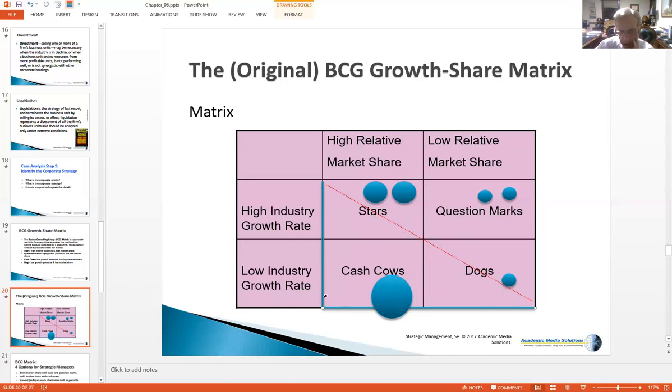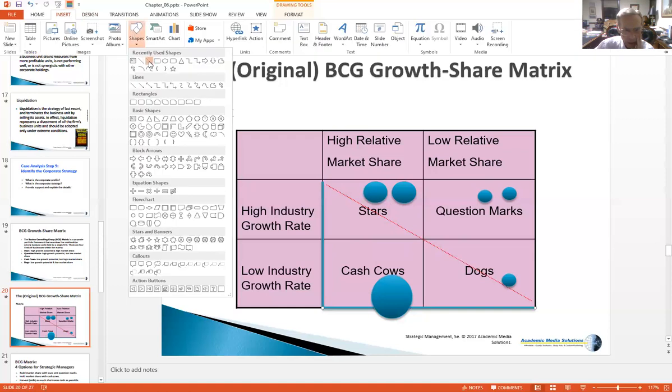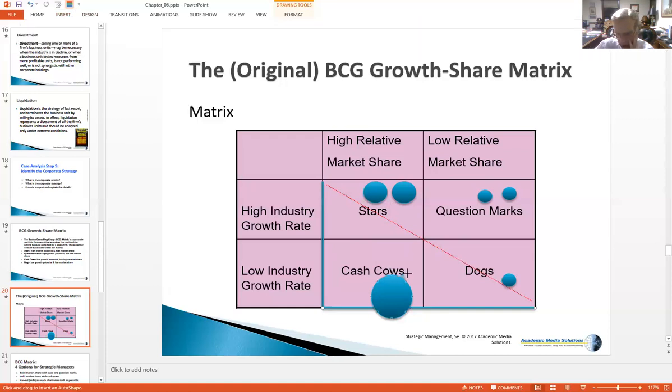Instead, that profit becomes free cash flow. And what we can do is send that cash up here to fund the growth of businesses that we're developing, new businesses.